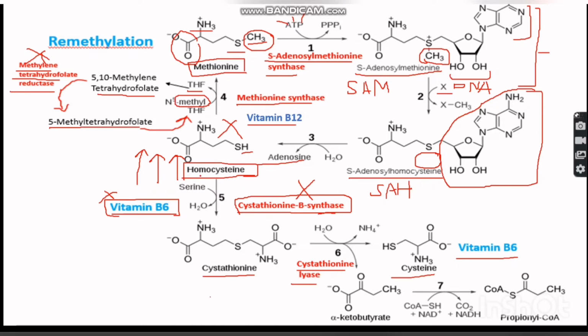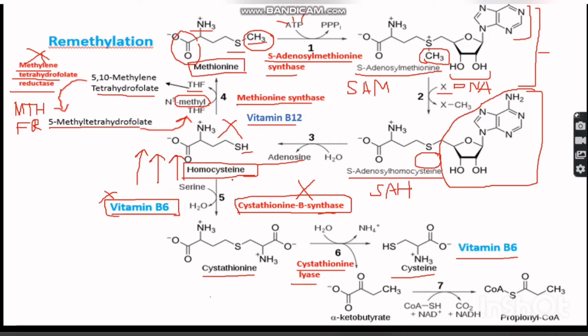So in classical homocystinuria, cystathionine beta synthase is not working properly, so homocysteine fails to convert into cystathionine, or its cofactor is not in adequate amount. In homocystinemia, there is a deficiency in the methylene tetrahydrofolate reductase enzyme, which means it will not add a methyl group to homocysteine to convert it into methionine.